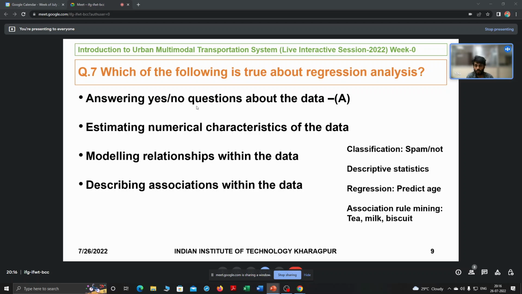Then the third option, which is the correct option. Sorry, I forgot to give the ABCD options here. It is modeling relationships within the data, right? It's not a classification problem, but if you have a dependent variable y, suppose your y is dependent on x1, x2, x3, x4, right?